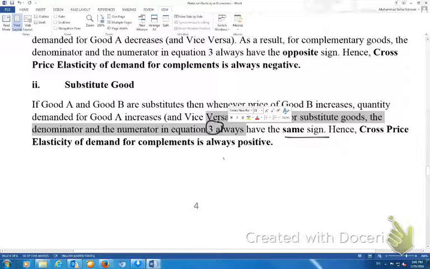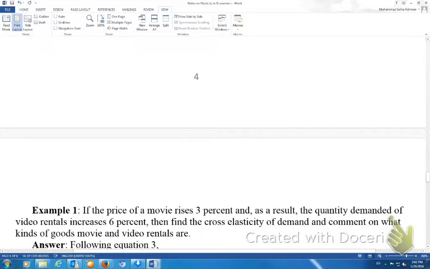If they are negative, both of them are negative. If they are positive, both of them are positive. Therefore, the cross price elasticity of demand for two substitute goods is always positive. Okay, so that's interesting. Let us now spend some time looking at some examples.